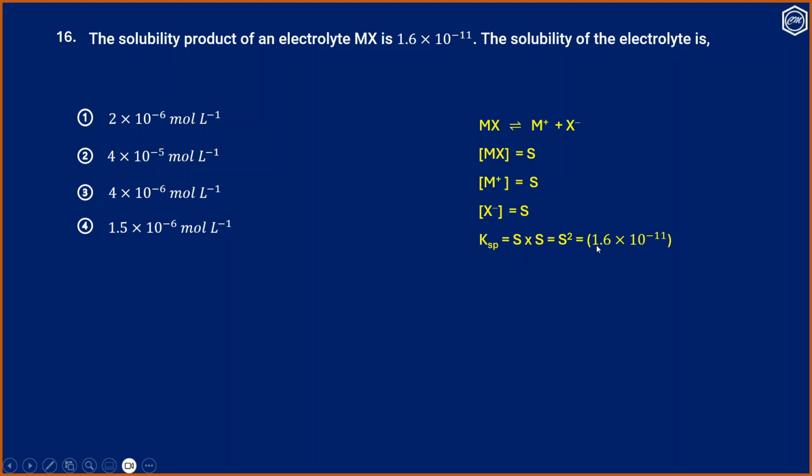And the Ksp is given, that is 1.6 into 10 raised to minus 11. So we can obtain the value of S as the Ksp whole raised to half. We can write 1.6 as 16 into 10 raised to minus 12, the whole raised to half. So therefore the answer is 4 into 10 raised to minus 6. That is, option 3 is the correct answer.